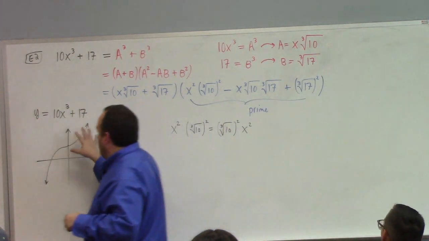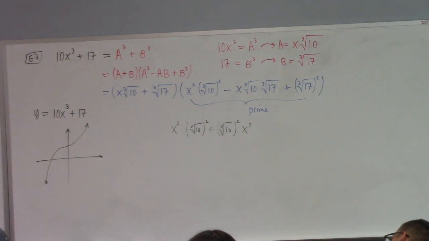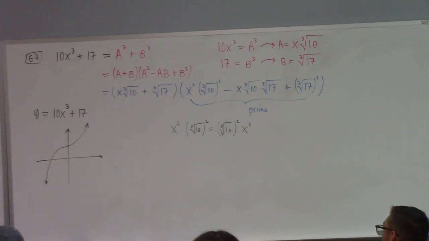Again, I don't test on graphing of cubics yet, guys, because the graphing cubic stuff is a little bit later. Let me not say more until I have something in front of me to look at.